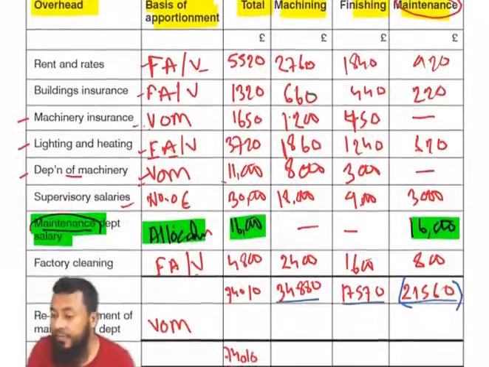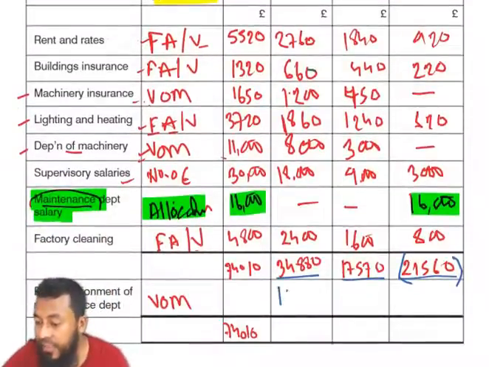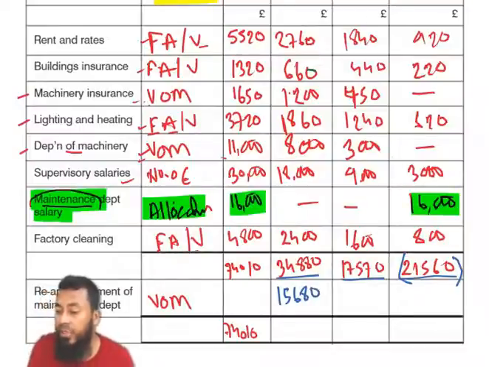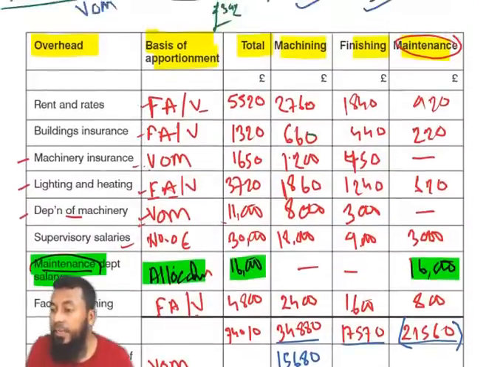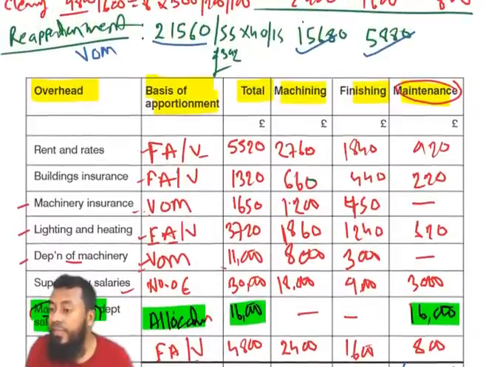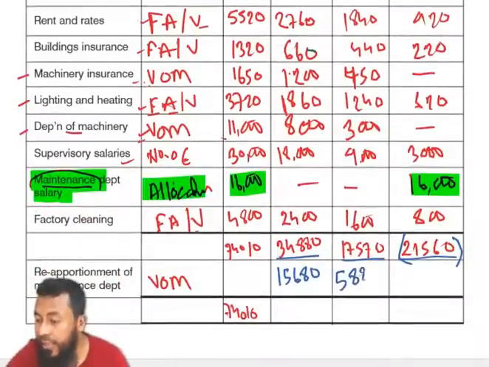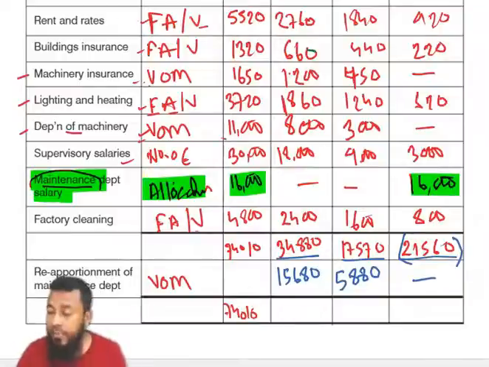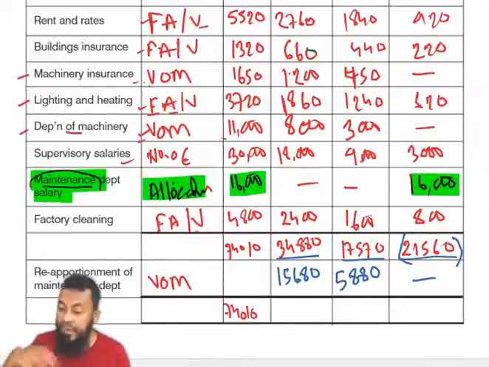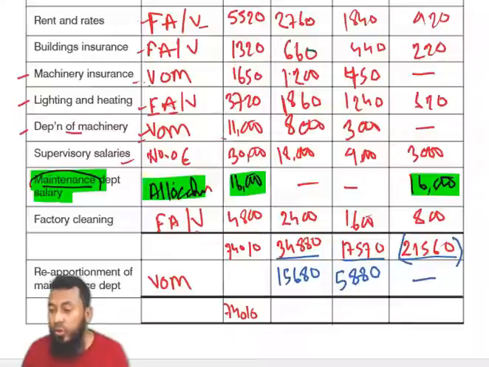So 15,680 is for machining, and finishing is 5880. Your service money becomes 0 and it comes into the production departments. That's how you do reapportionment.